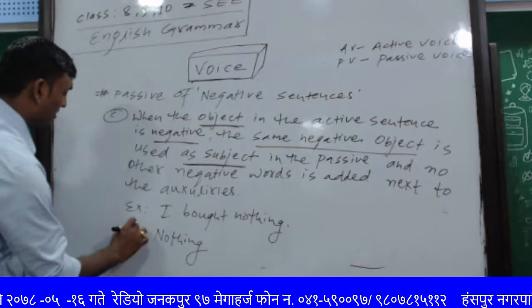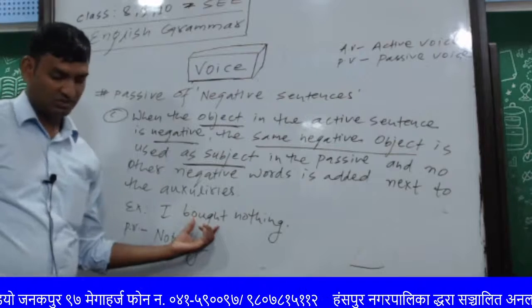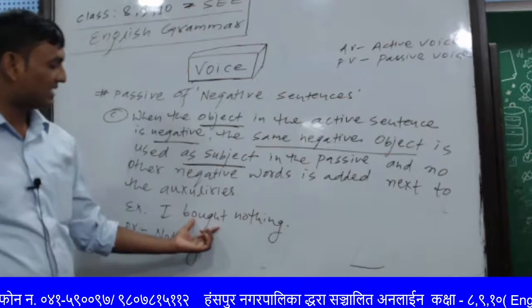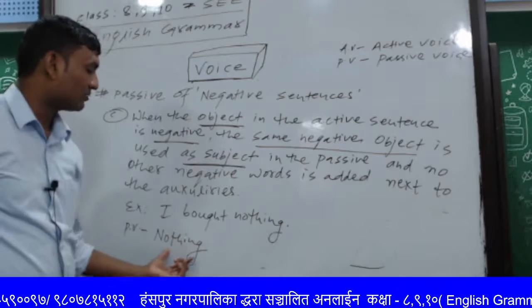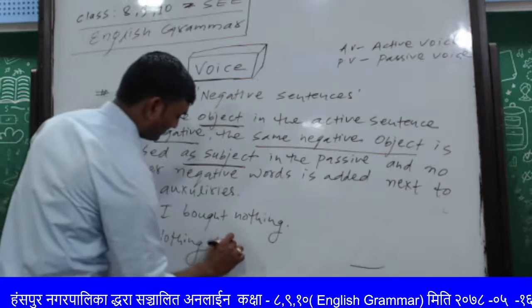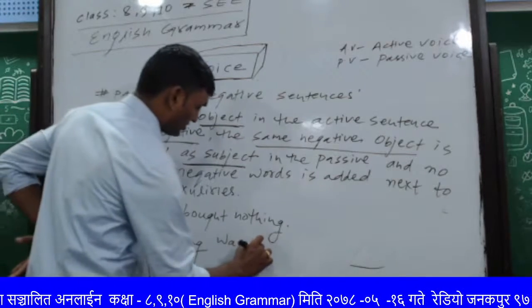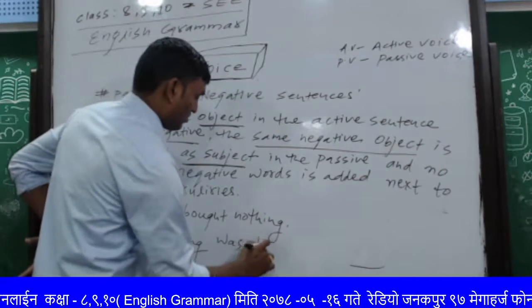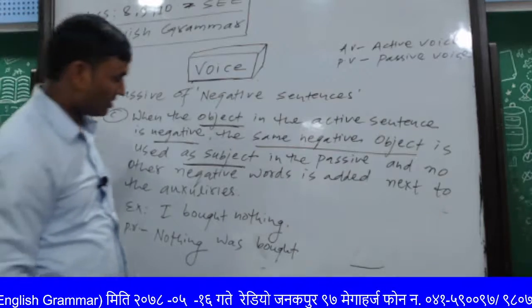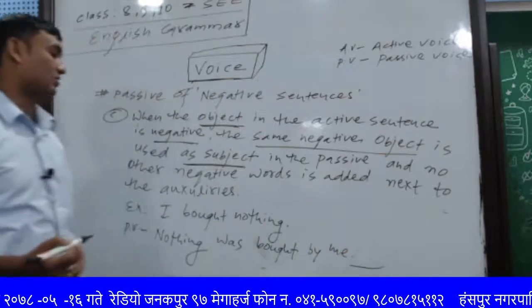Passive voice of this sentence: Nothing. Then bought, and bought is here V2, simple past, and simple past structure is object plus was, then V3. So nothing takes was. Nothing was bought by me.